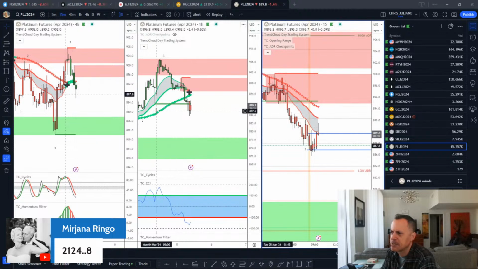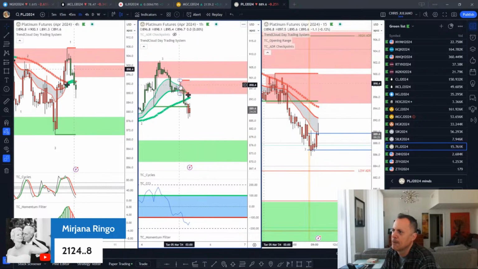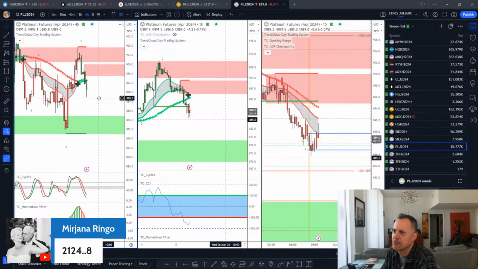And you know what happens. This is the rubber band trade, right? This is the rubber band trade where it breaks down, pulls back to the 50, kind of hits it, spikes past it a little bit, and then continues down.